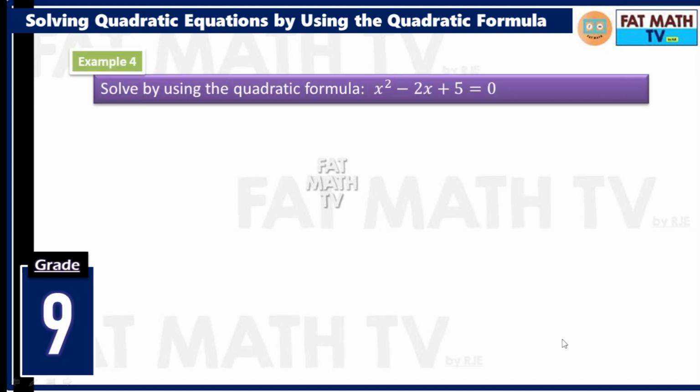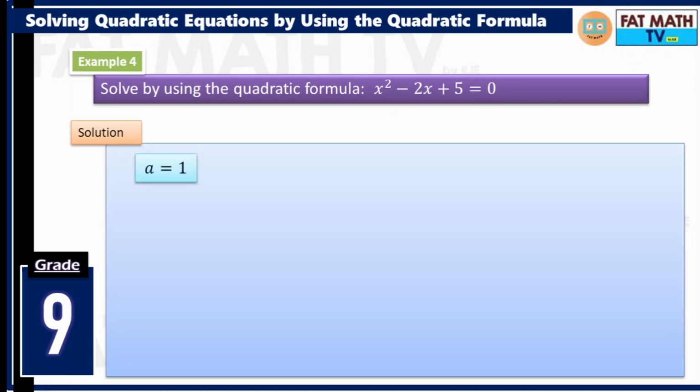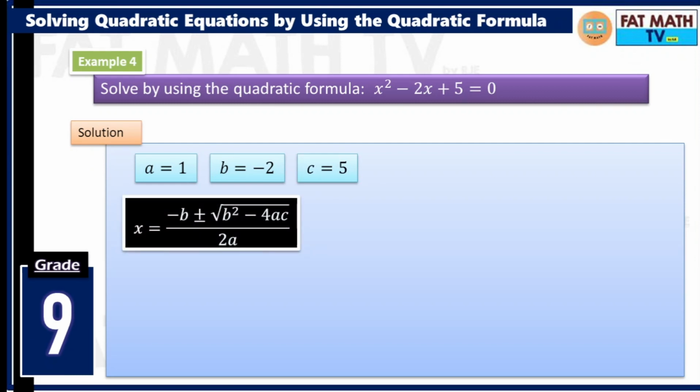Example number 4. Solve by using the quadratic formula x squared minus 2x plus 5 equals 0. This is already in standard form, and our a is positive 1, b is negative 2, and c is positive 5. So x is equal to negative b plus or minus the square root of b squared minus 4ac, all over 2a.